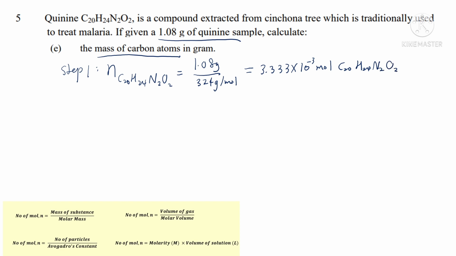And then in step number 2, we need to find what is the stoichiometric relationship between quinine and carbon atoms. And we know that 1 mole of quinine molecule consists of 20 moles of carbon. So that is the stoichiometric relationship between quinine and carbon atoms. 1 mole of quinine consists of 20 moles of carbon atoms.